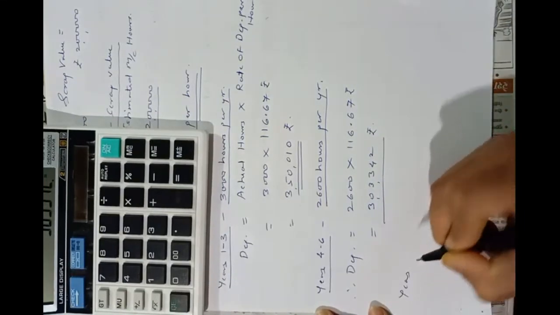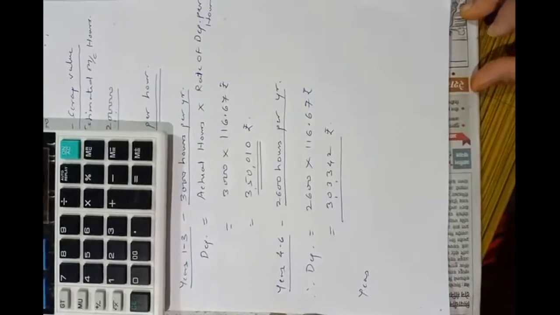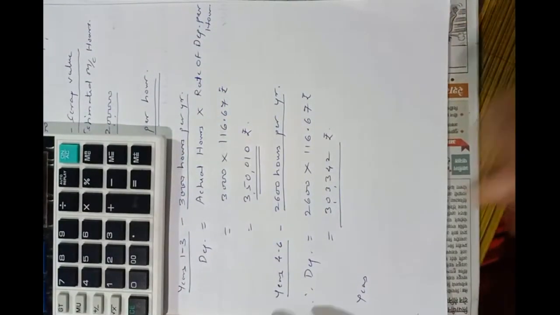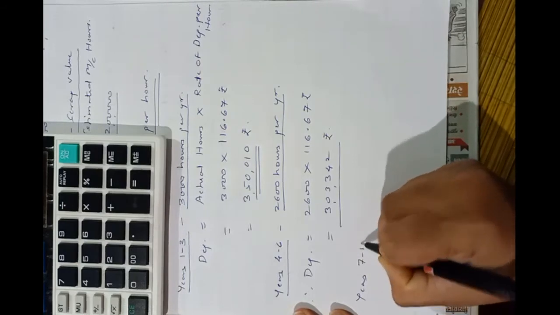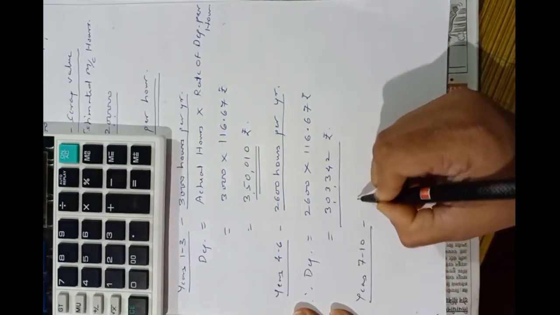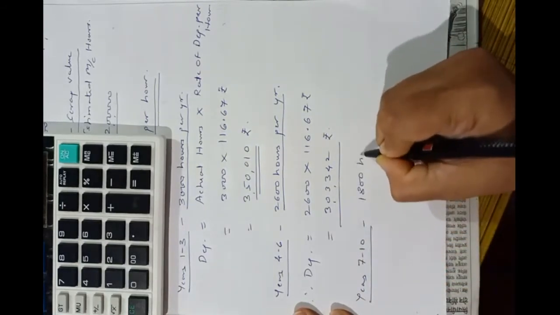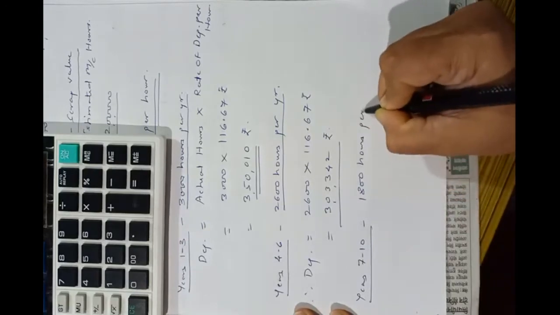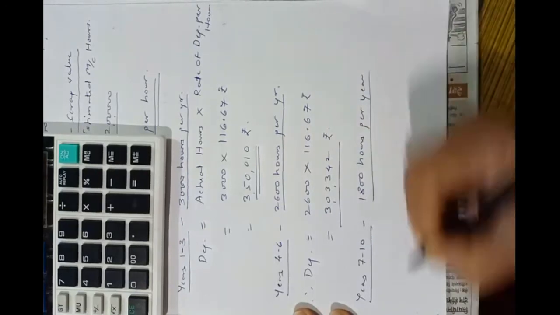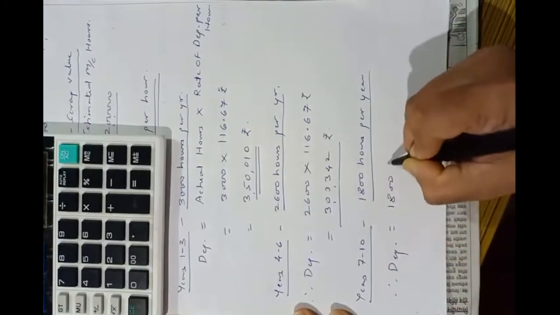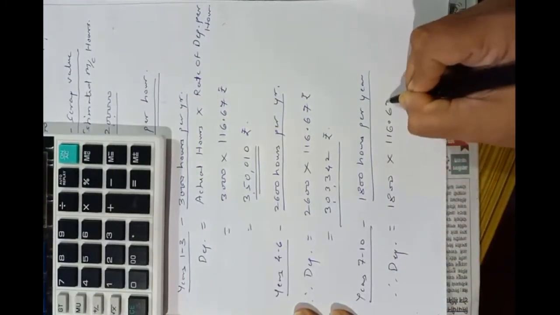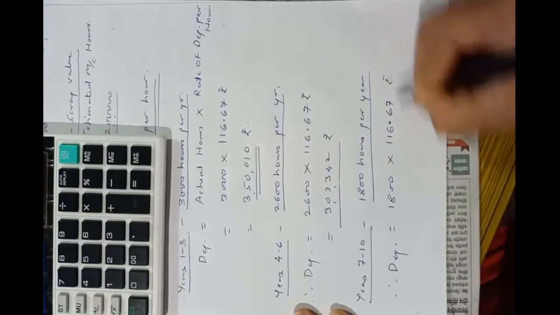Then for years 7 to 10, 1,800 hours per year. Therefore depreciation will be 1,800 hours into 116.67, that is the rate of depreciation.